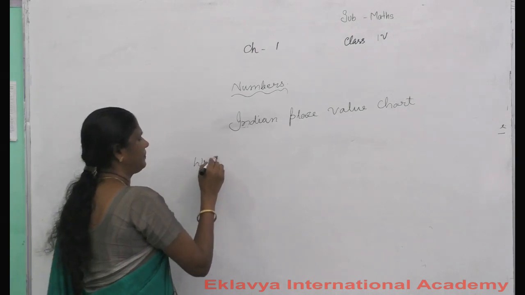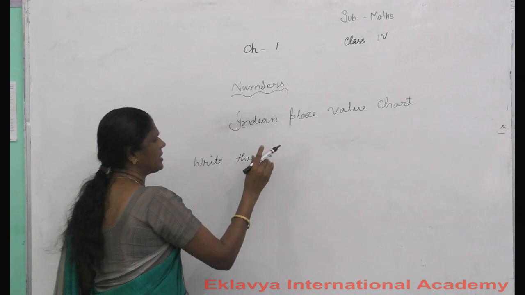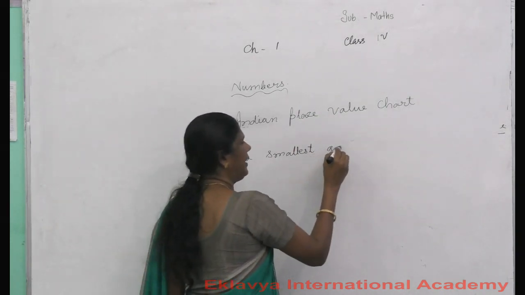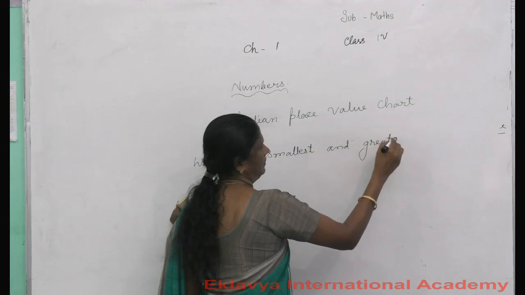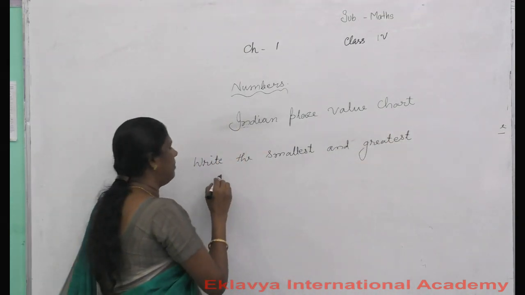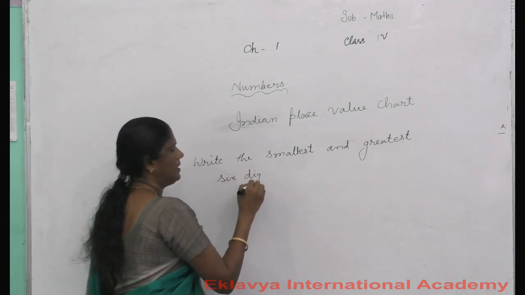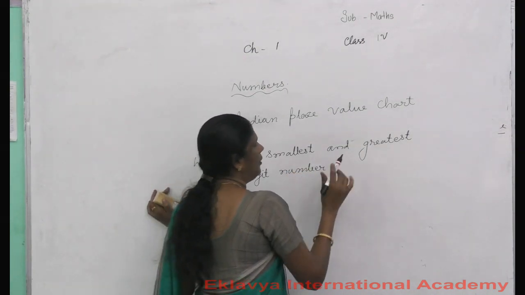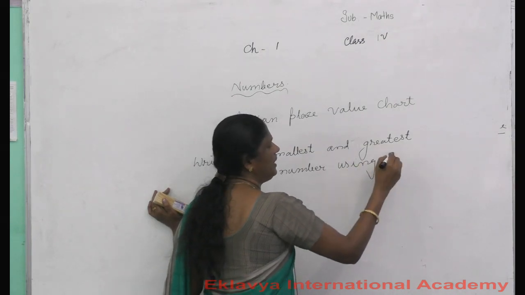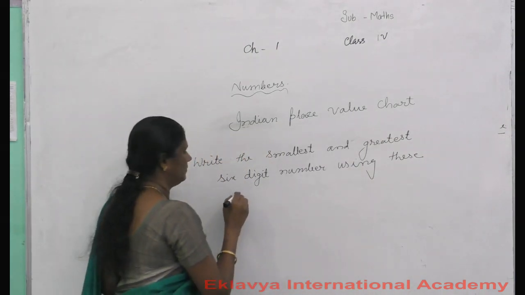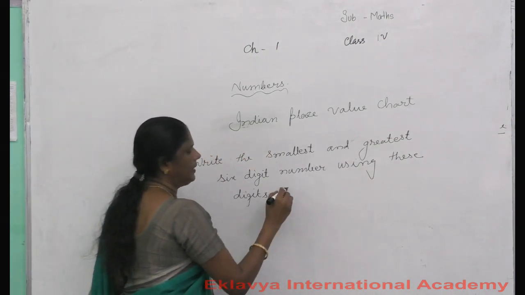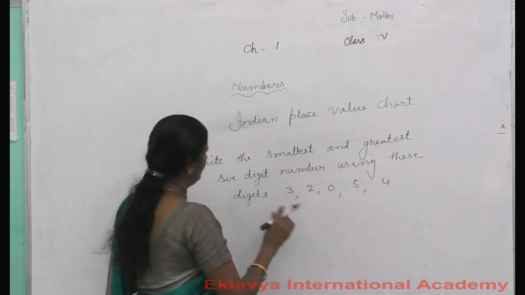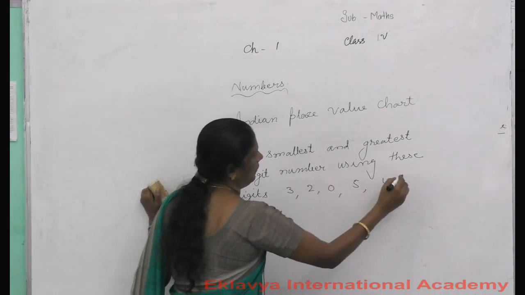Then formation of numbers. Write the smallest and greatest 6-digit number using these digits: 3, 2, 0, 5, 4, 6.